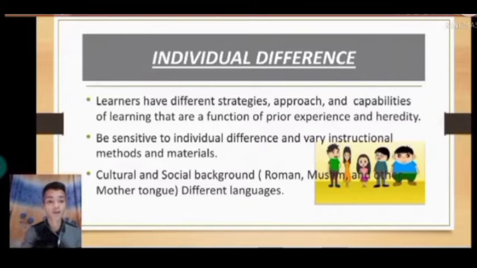Cultural and social background: we have Roman, Muslim, and other mother tongues. So that is the different language. If we teach students in the classroom, we need to know the background of the students. That's the individual difference. If the students speak Muslim, we need to cooperate with a Muslim conversation.